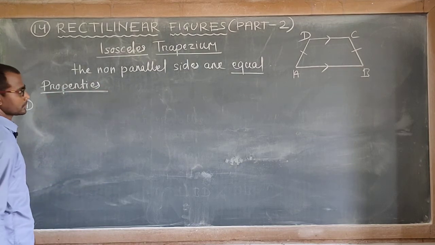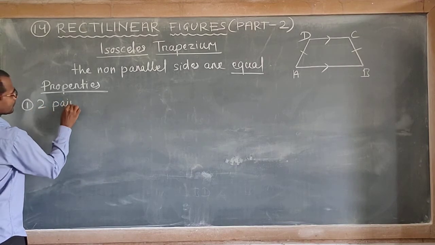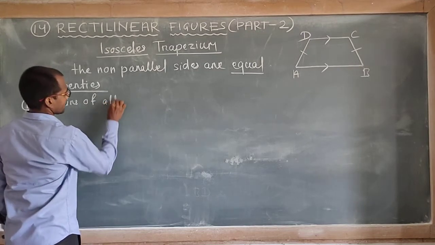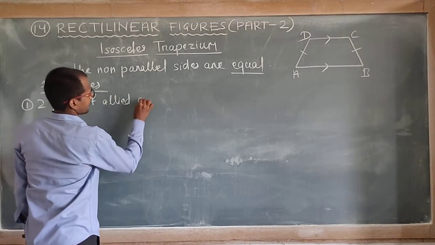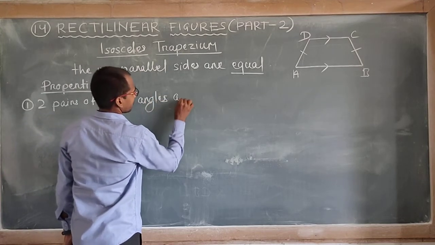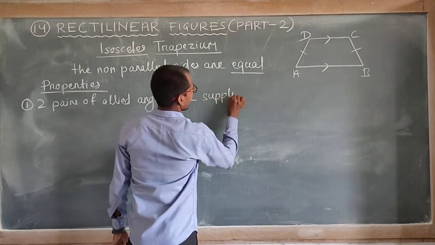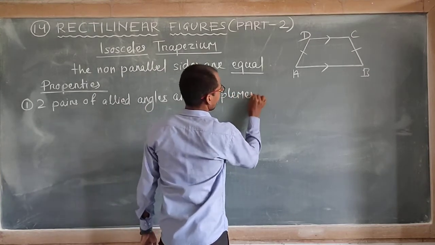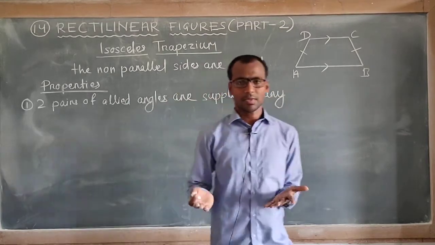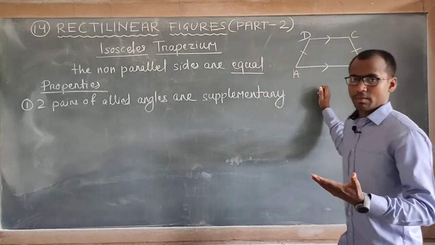Number 1, two pairs of allied angles are supplementary. Just like a trapezium, it is also a trapezium. So it is a special trapezium.